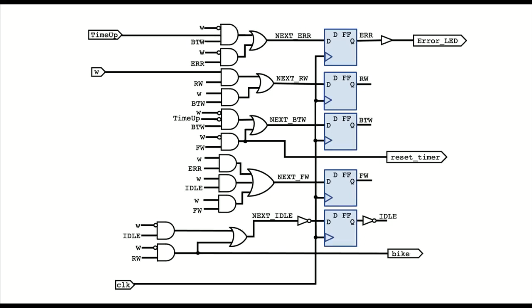So this net on this side is called ERR, and the net on this side is called error LED. In a schematic, you are not allowed to connect two nets that have different names. They're supposed to be separate. But this allows you to say, hey, this net is actually driven by this one. Okay? If there were a bubble here, then it would be inverted and it would be a NOT. But it's not. This one is not inverted. In fact, the way you build buffers is to use two inverters.